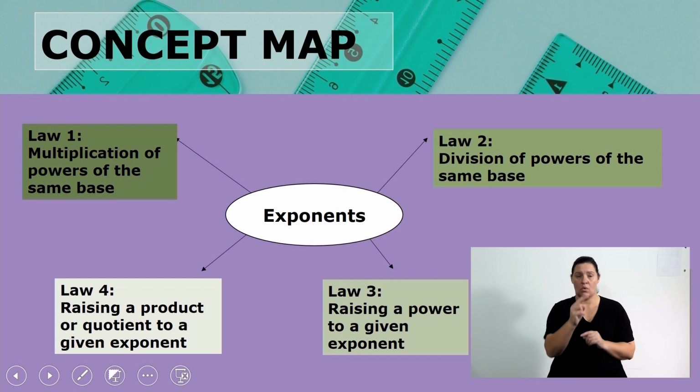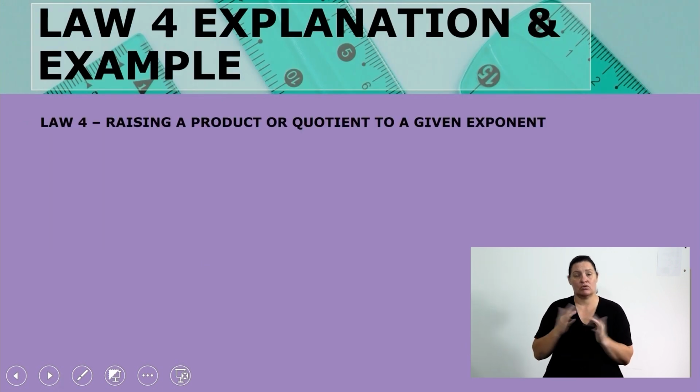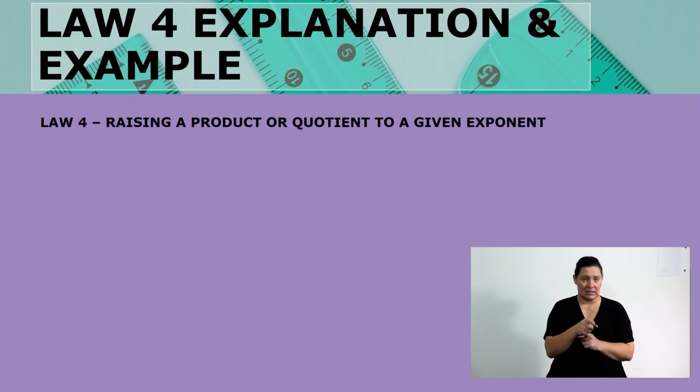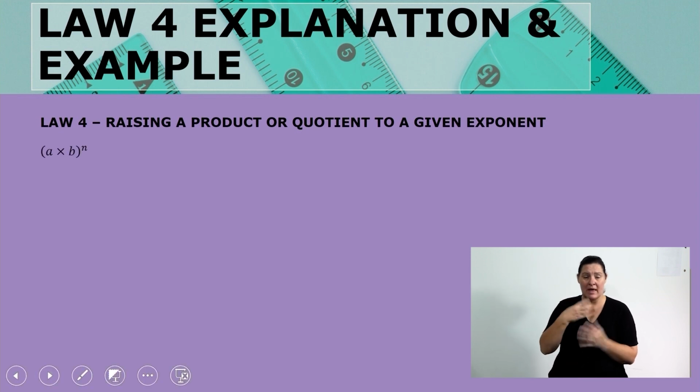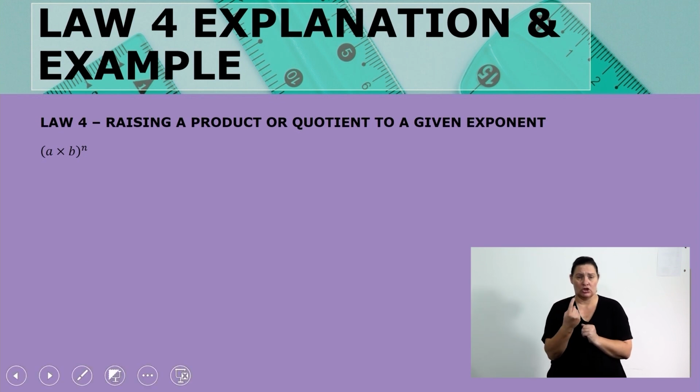Let's look at our fourth law, and that is raising a product or quotient to a given exponent. If I have a product and that is raised to an exponent, what is going to happen to each of the factors that are being multiplied?